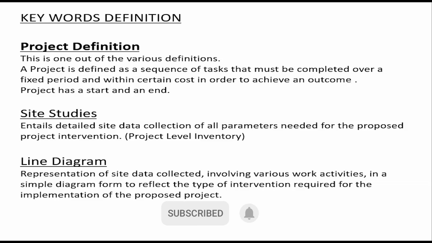Then we have site studies, which entails detailed site data collection of all parameters needed for the proposed project intervention. And this is actually the project level inventory. It's like you are diagnosing the road. So you need to take detailed information or parameters in order to achieve your objective.